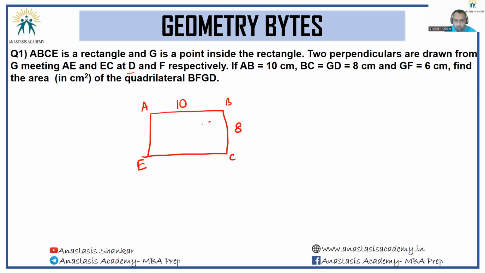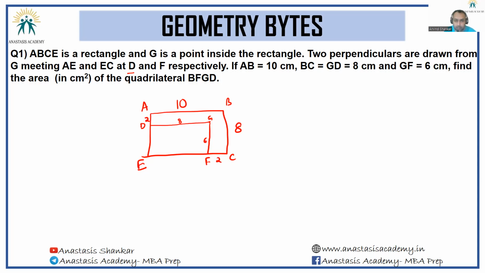Okay, so here, let's say this is G, this is D, this is F, and this is 6, and this is 8. So if this is 6, this should be 2. This is 8, this should be 2.